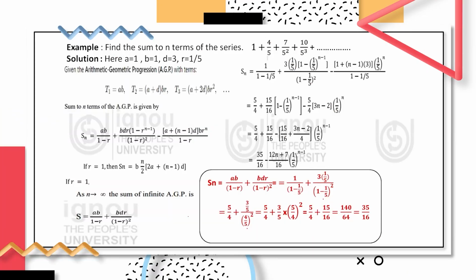So let's apply the formula to find the sum of n terms of a series, which is given over here: 1, 4 by 5, 7 by 5 square, 10 by 5 cube, and so on.